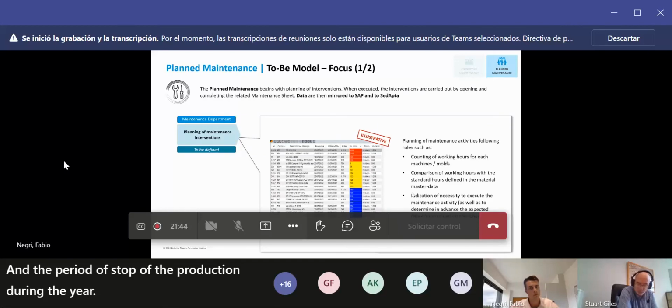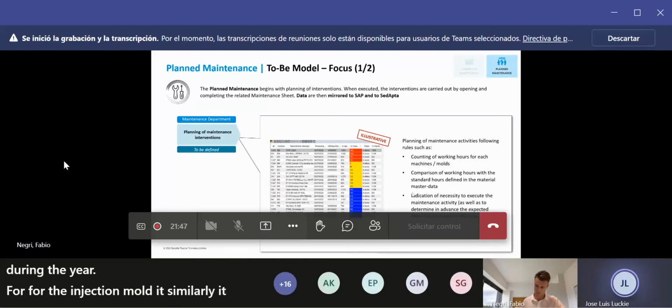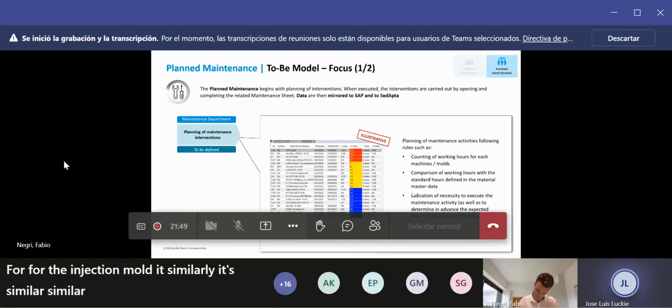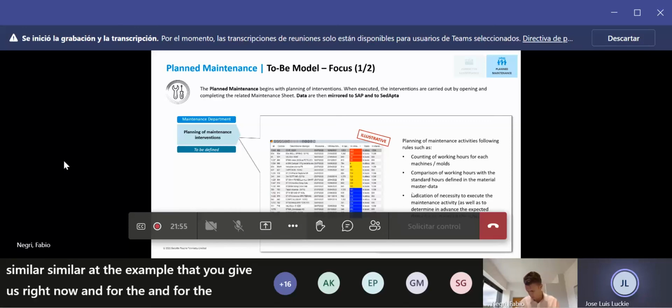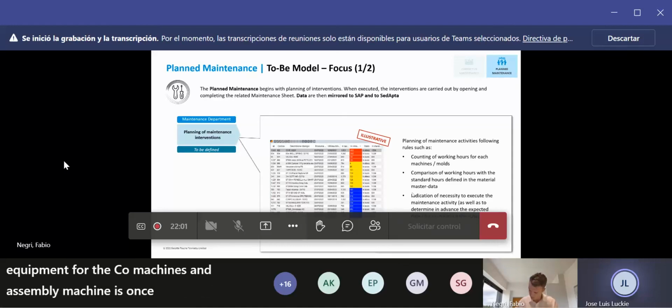For the injection mold, it's similar to the example that you gave us right now. And for the equipment for deco machines and assembly machines, it's once a month for every piece of equipment, and we follow this maintenance with an Excel program.